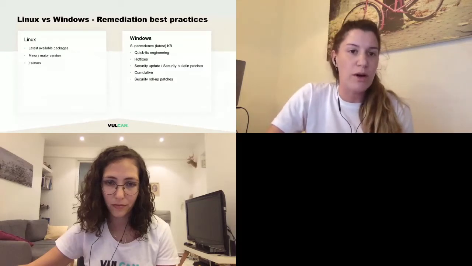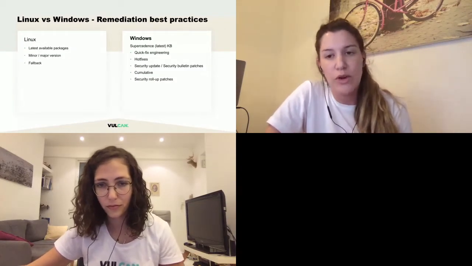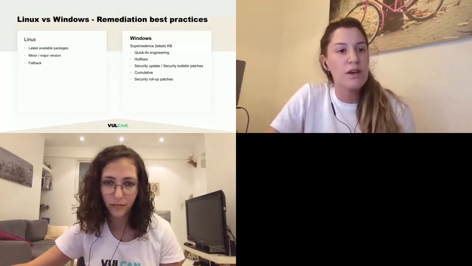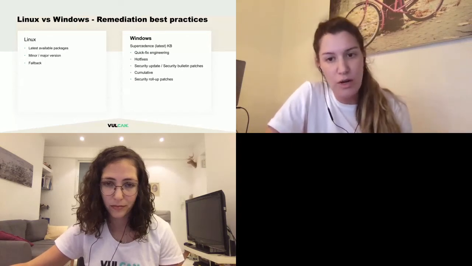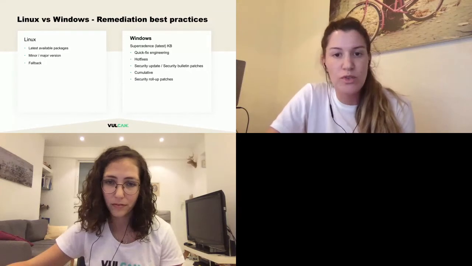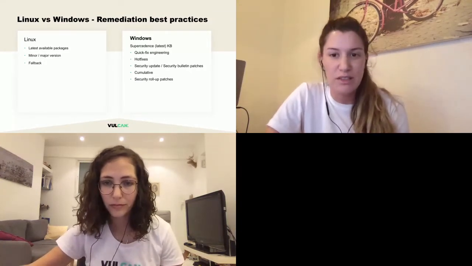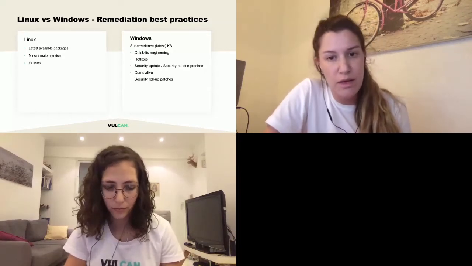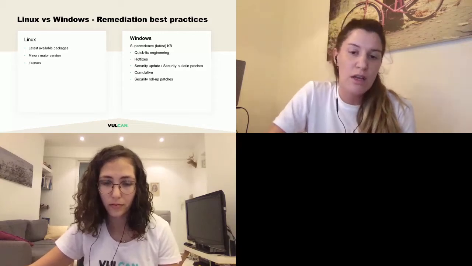And if we already talk about the operating system, it's important to distinguish between the operating systems themselves. Here we can see examples for Linux and Windows. For example, if you want to update or upgrade Linux, make sure you update to the latest available package. Also, make sure you choose a minor or major version, and understand the consequences. We guess that most of the time you will update to the latest minor version, since the major update can include breaking changes.